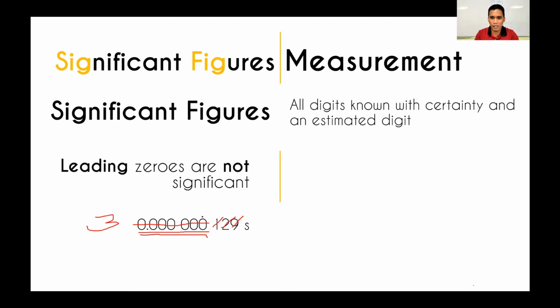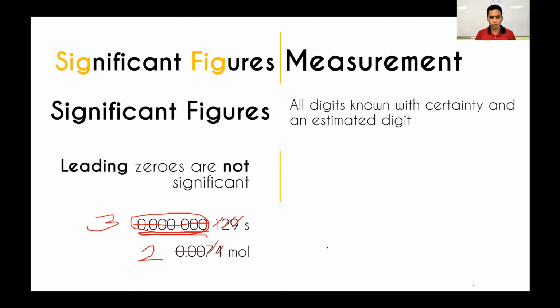So remember, leading zeros are not significant. Those are zeros used as a placeholder on the decimal point. So in this example, these are leading zeros. Okay, so another example, these are leading zeros. So we have 1 and 2, so two significant figures.